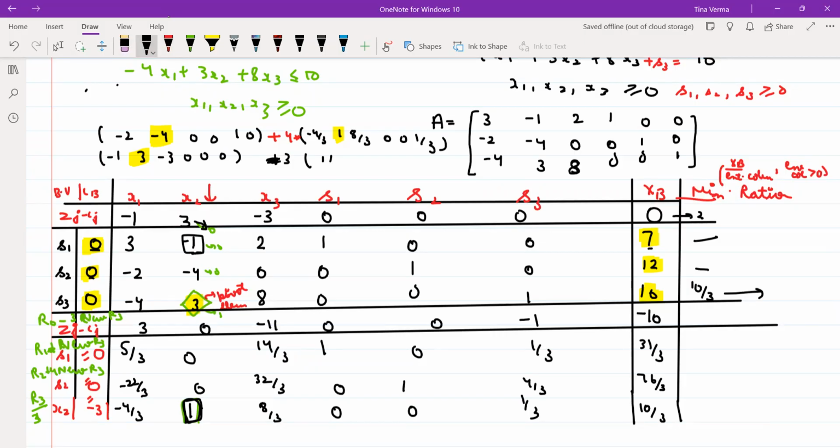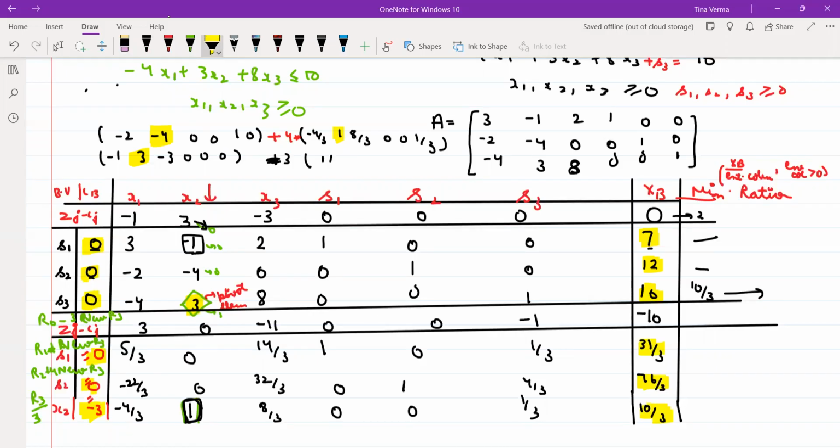Is it clear? Do the same, multiply this with this, and -3 with 10/3, you will get -10. Otherwise, apply row transformation, subtract from 0, you will also get the same answer. Is it clear? Can I stop here?